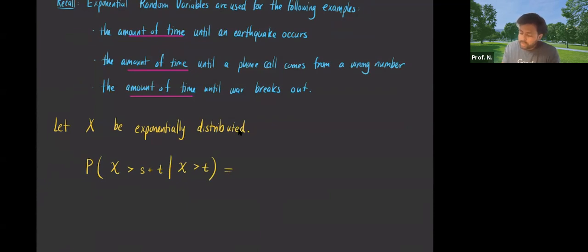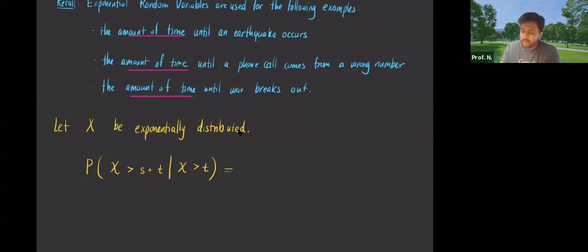I want to know the probability that my random variable is bigger than s plus t, given that it's already bigger than t. So this is conditional probability.